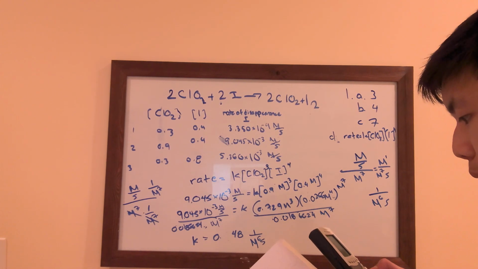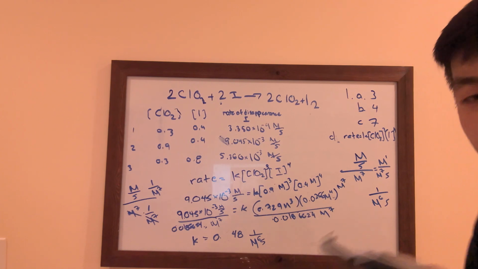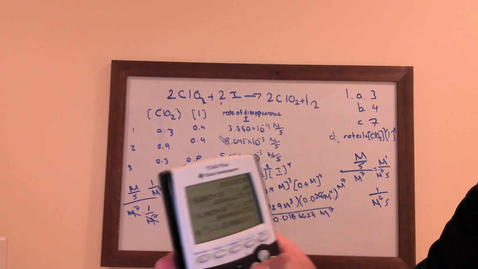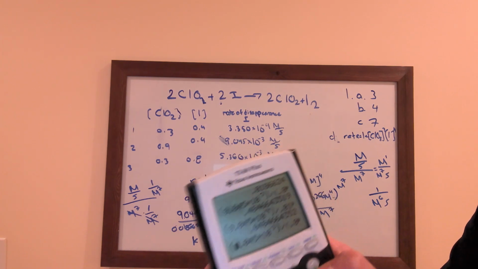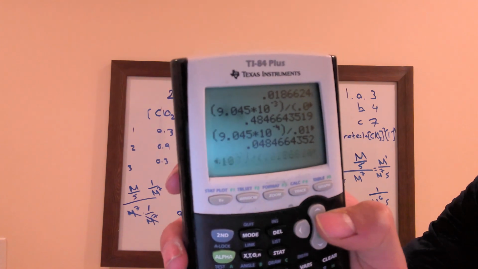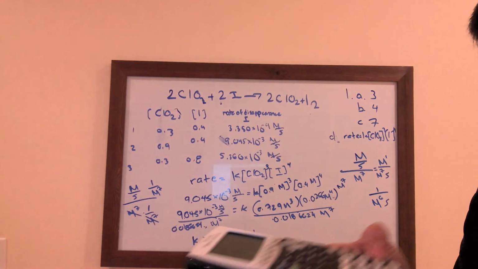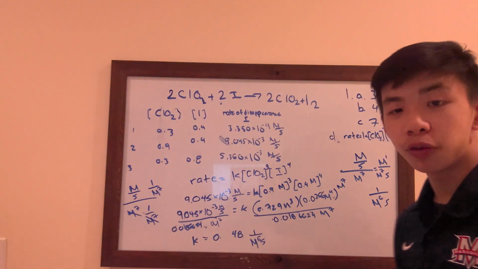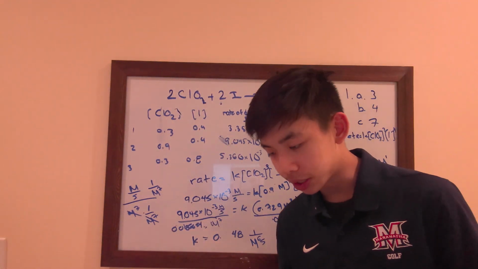This is going to be a long video, I know it is. Okay. I get 9.045 divided by 0.0186624, and this will give you 0.48. Yeah, so 0.48 1 over M to the 6 S.